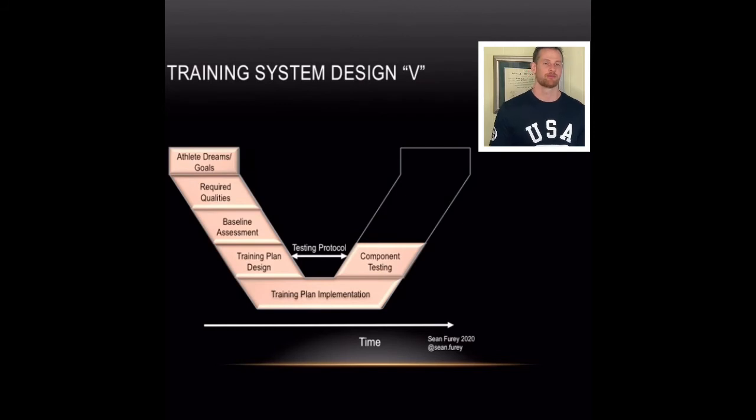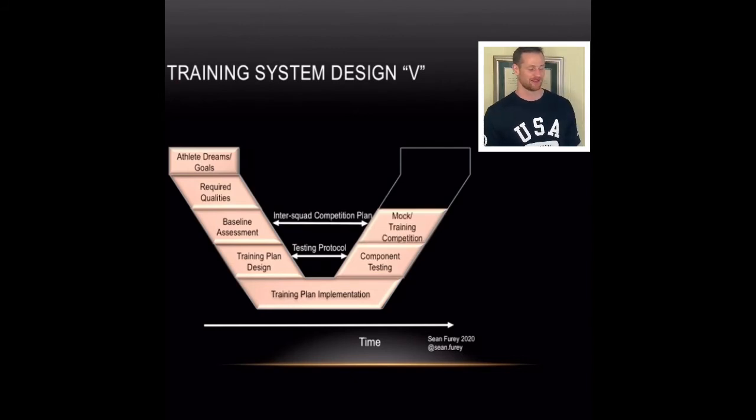All of the subcomponents that you've identified as important to reaching your overall goal, we're going to start testing to see if our training plan is working. Hopefully you've developed a testing protocol in your training plan, with planned periodic testing, so that we can see, is this working, and do we need to reassess?